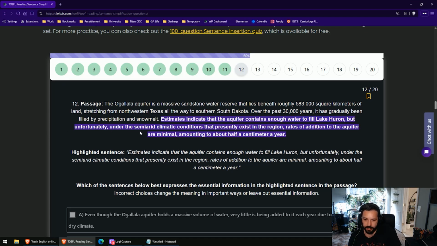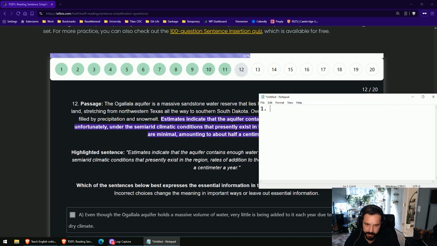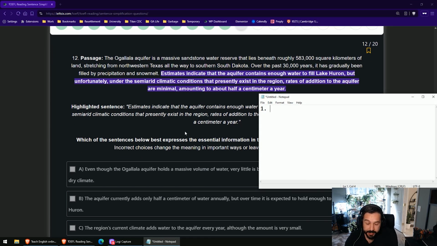But unfortunately, under the semi-arid climatic conditions that presently exist in the region, rates of addition to the aquifer are minimal, amounting to about 0.5 centimeter a year. Okay, let's see. 1. Estimates. Pay attention to that. So we are not sure, but we are guessing. The numbers show that the aquifer has enough water, has lots of water, or more than enough water. 2.